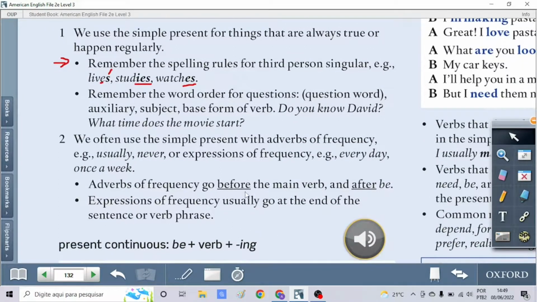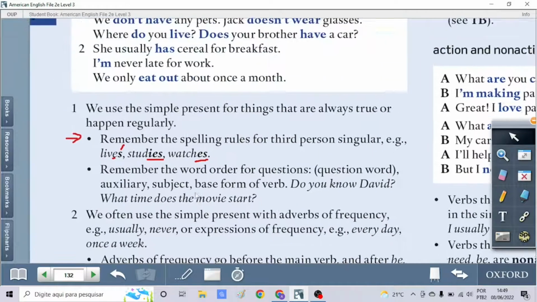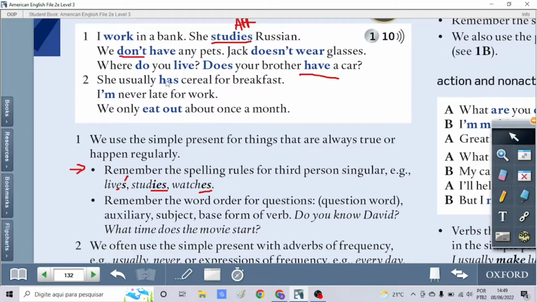And just remember that the adverbs of frequency usually go before the main verb. Has is the verb, so I have to use it before the verb. When I use the verb to be, the adverbs always come after the verb to be.